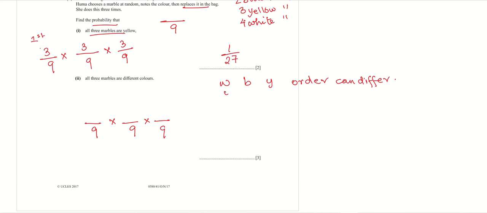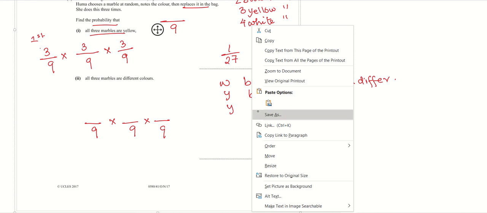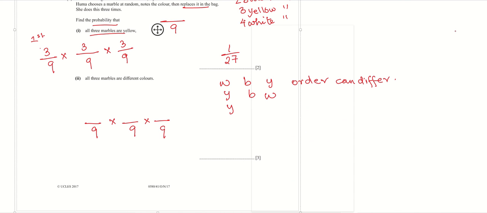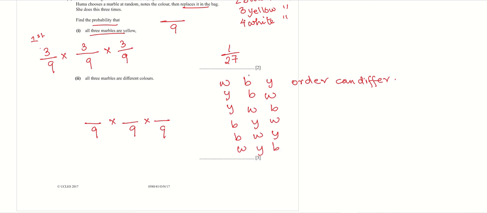She can choose Y, B, W. She can choose Y, W, B. She can choose B, Y, W, B, W, Y, and W, Y, B. So she can choose all these orders.